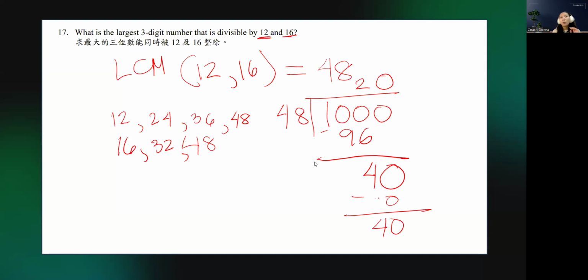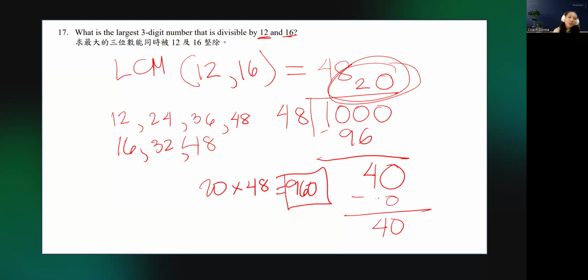But what we want for problems like this is the whole number part. So the largest three-digit number that is divisible by both 12 and 16 is 20 multiplied by 48, which is 960. Okay, so that is our answer.